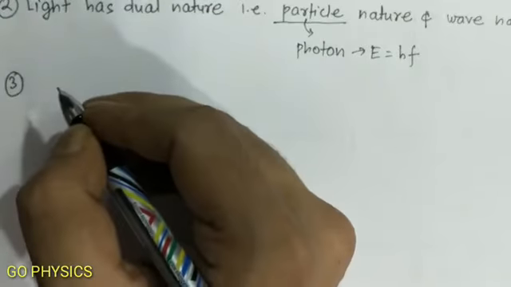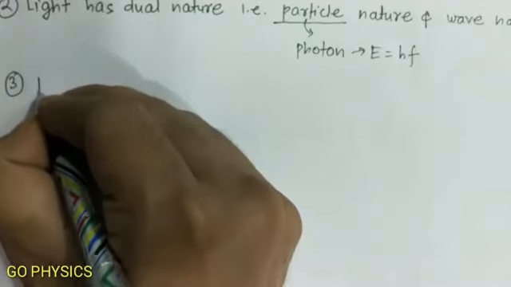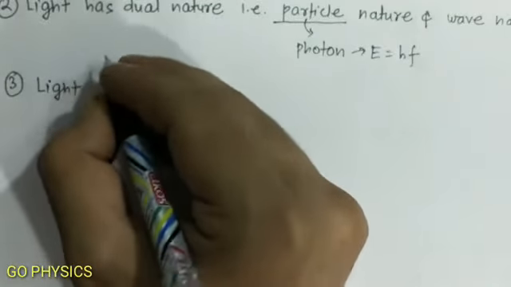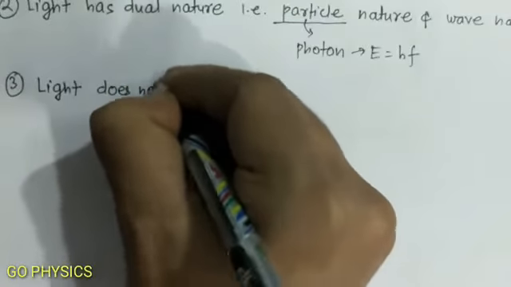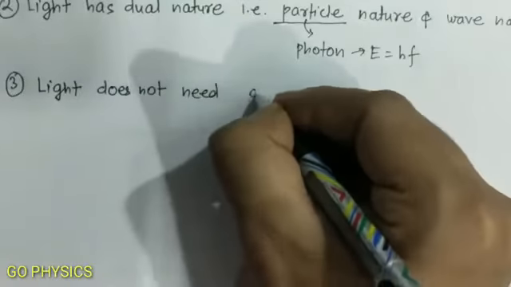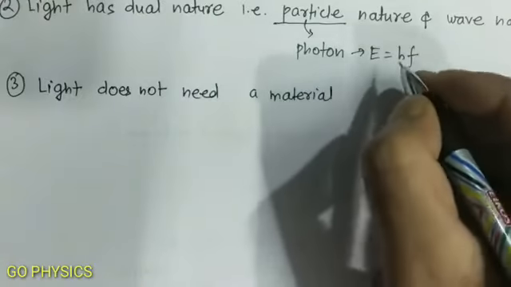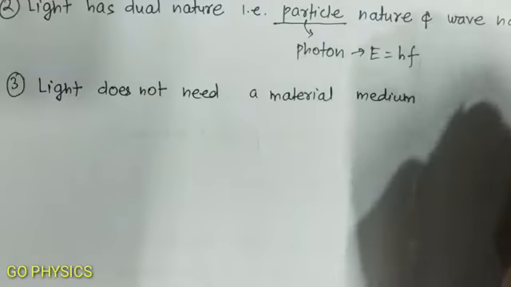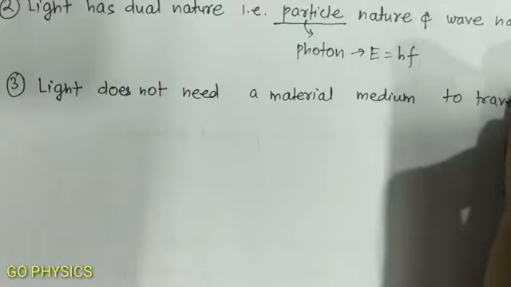The third property of light is that light does not need a material medium to travel.